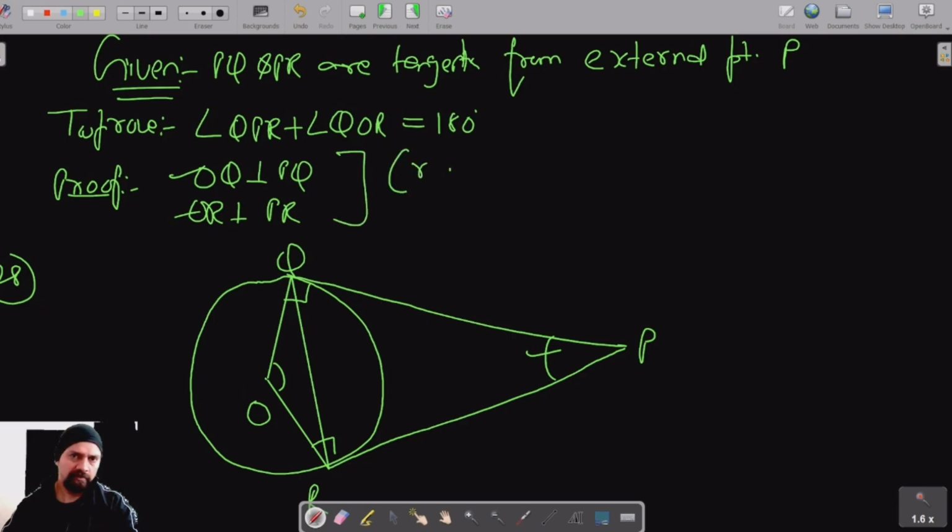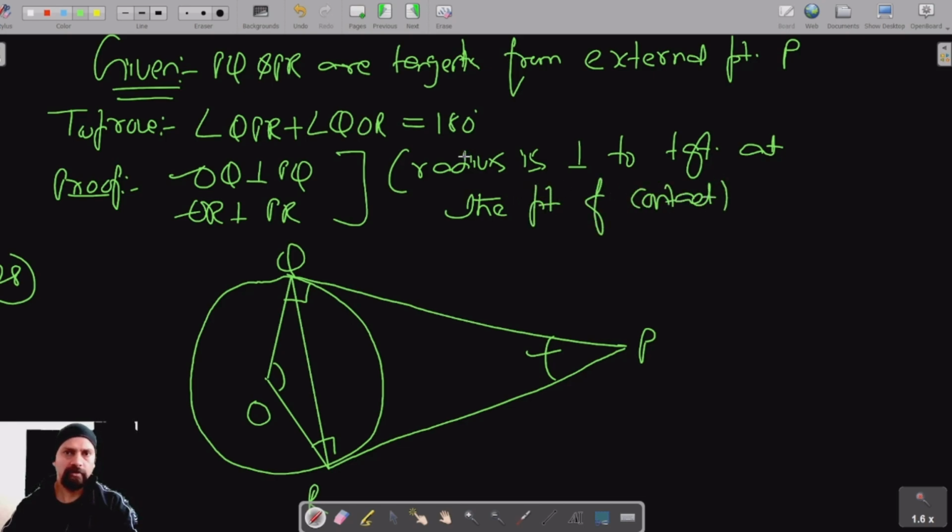The reason for this is the radius is perpendicular to the tangent at the point of contact.